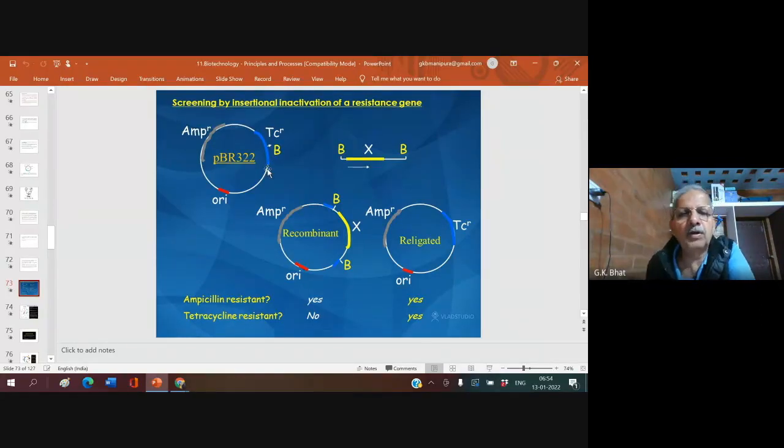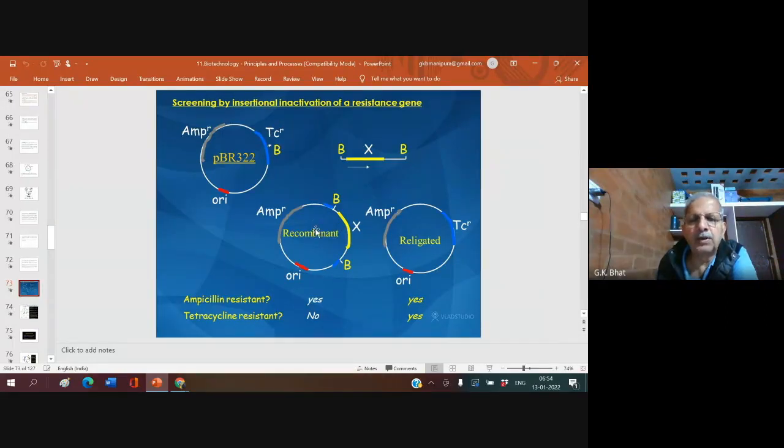Now to this particular area, the gene of interest, or desired gene, is ligated here. One piece of blue here, another piece of blue here, and it is ligated. So what do you call this plasmid? Recombinant. Why is it recombinant? Because the gene of interest is added. Recombinant DNA.